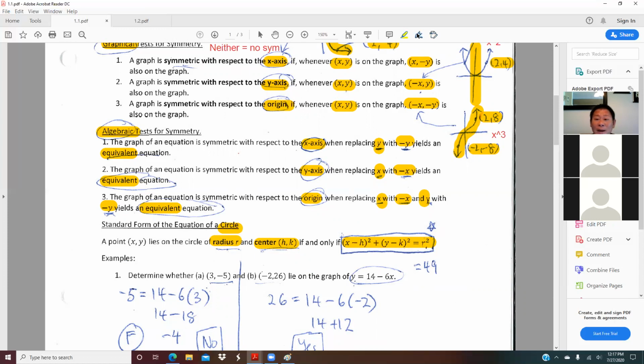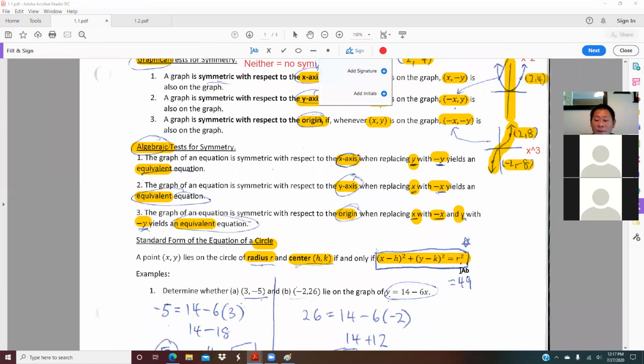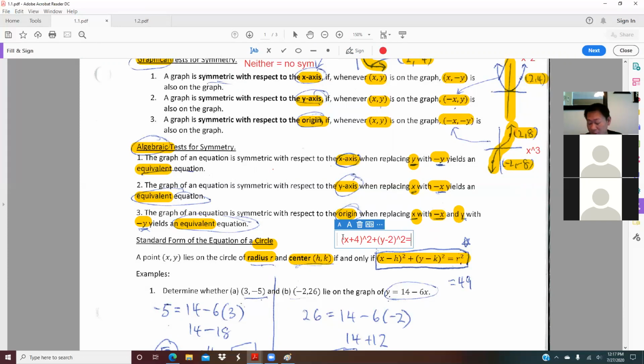What do I mean by that? For example, what happens if I give you something like this: (x plus 4) squared plus (y minus 2) squared equals 49, for example. Can someone tell me, by looking at this, what is your center? And don't forget, the center has to be in coordinates.